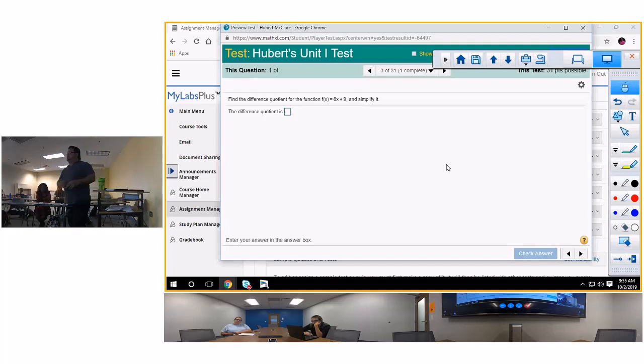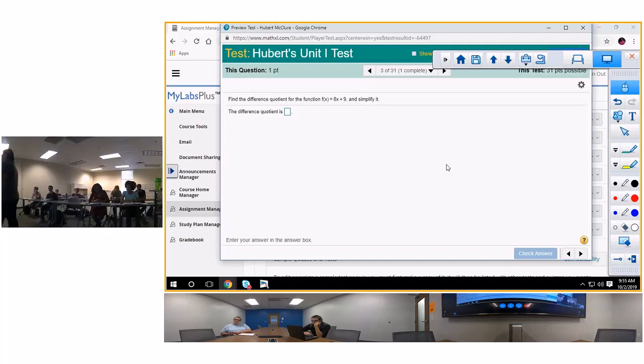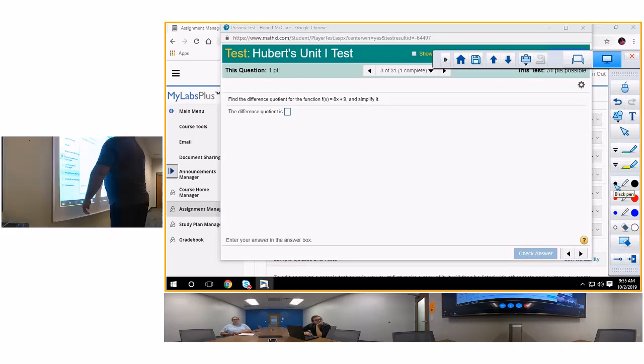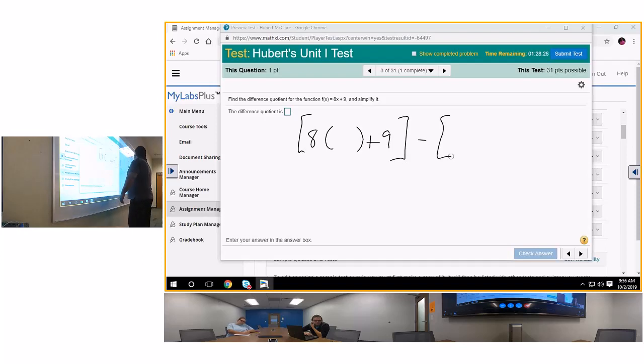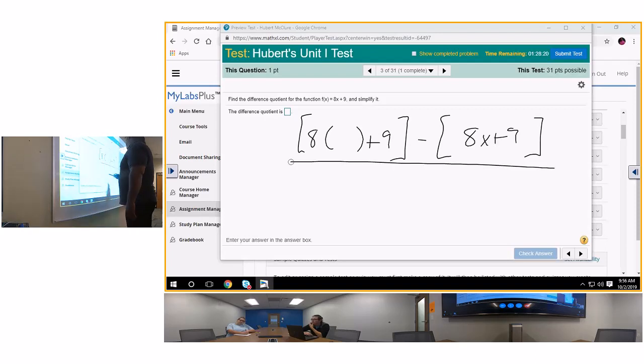You're going to rewrite 8 parentheses x plus h plus 9. Y'all remember me drawing these brackets? Minus brackets, and what goes here? The function, 8x plus 9 over h, and then you go in and cancel out what you need to cancel out.